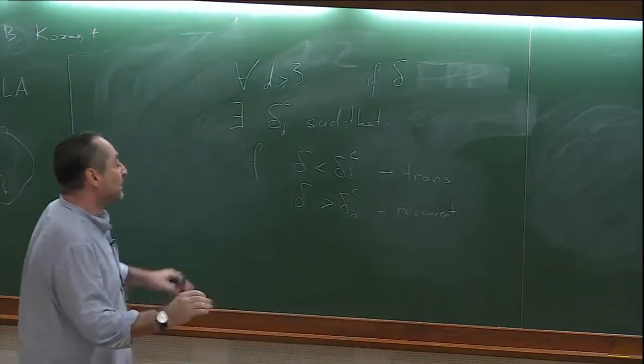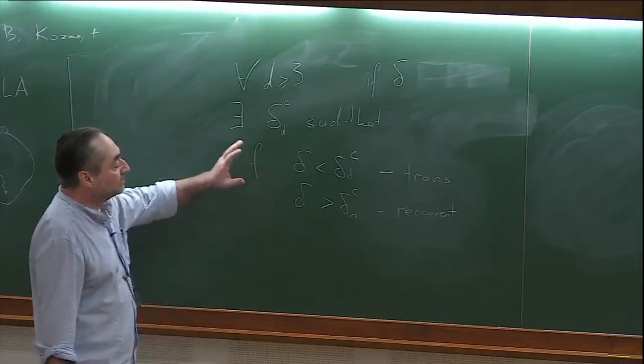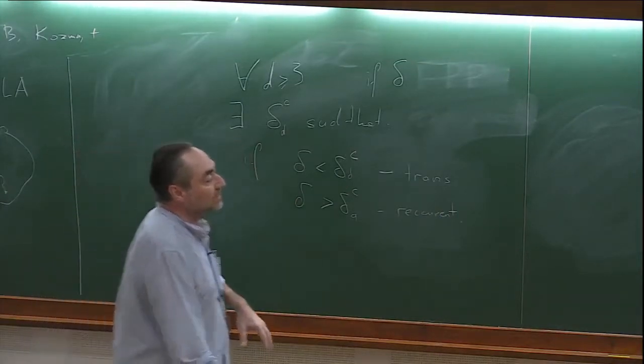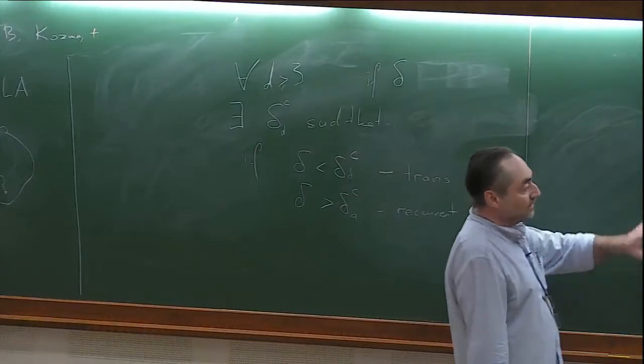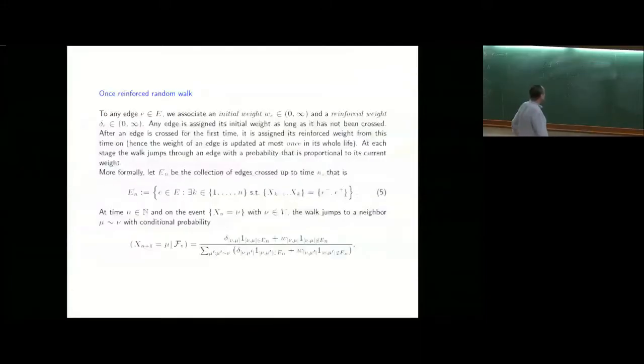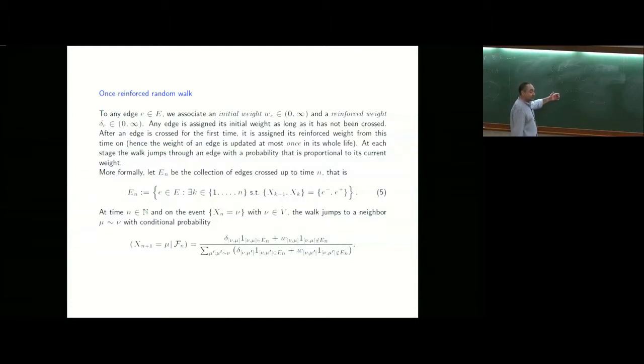Essentially, this should be true for any decent graph. It doesn't need to be Z^d. In fact, trees, and soon we will go to the tree. So it was unclear if this conjecture is true.